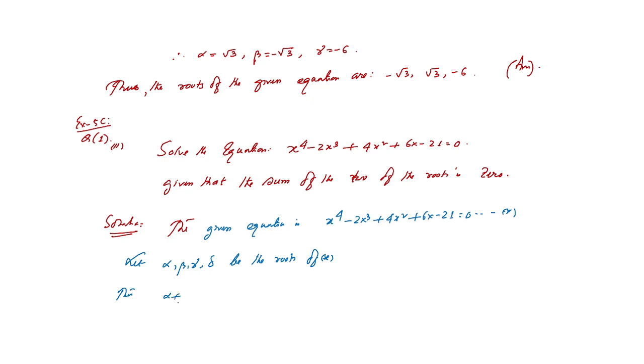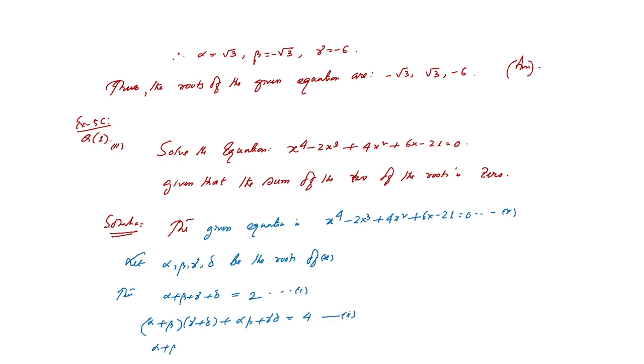Then alpha plus beta plus gamma plus delta will be minus b by a, so that means 2. This is relation 1. And alpha plus beta into gamma plus delta plus alpha beta gamma delta, that will be 4 by 1, 4. So this is 2.